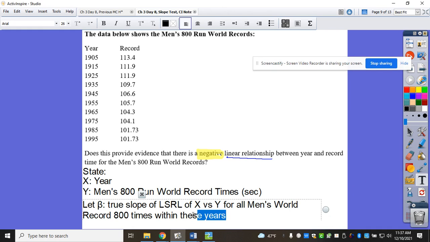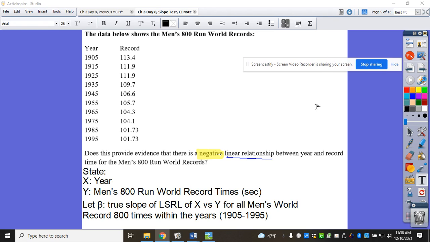Or within the years might even be better. It goes by tens, but it's still between that time period, and that's fine. I thought about that, but I'm trying to shorthand things for an example problem, so we're not worried about context. Sometimes that goes against me.